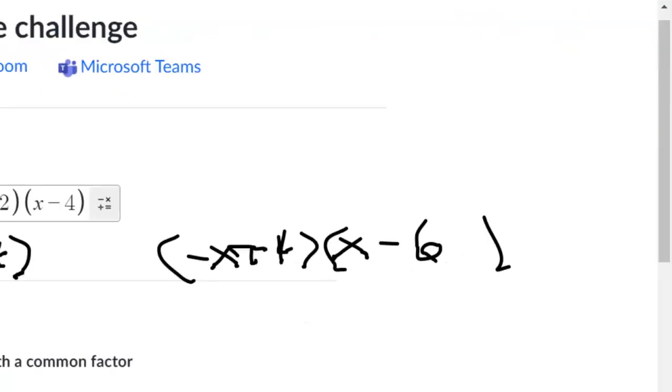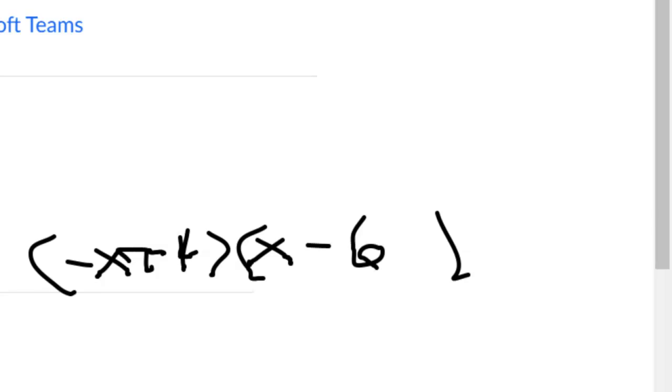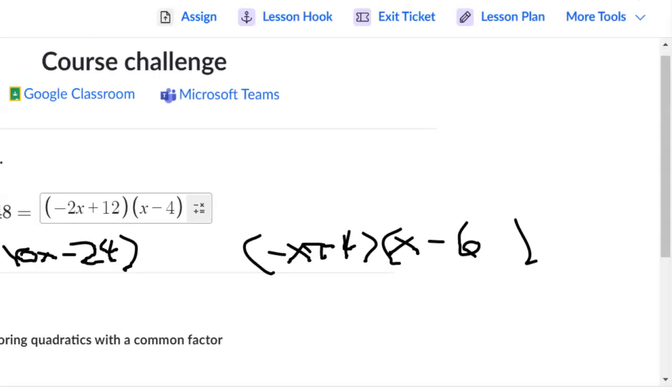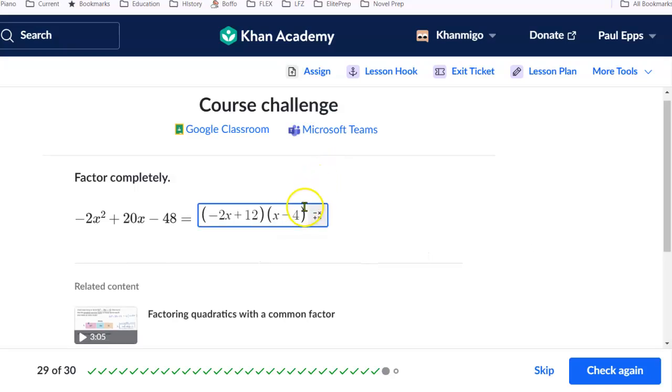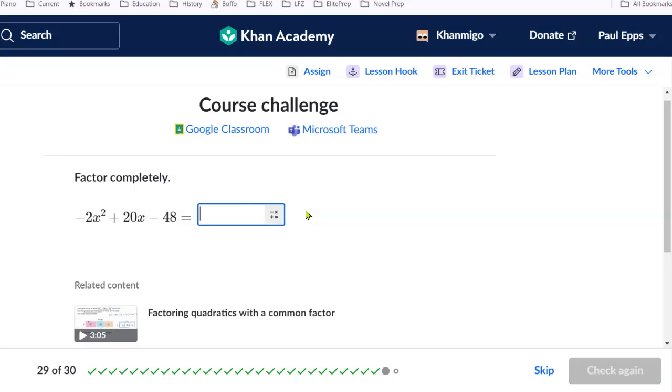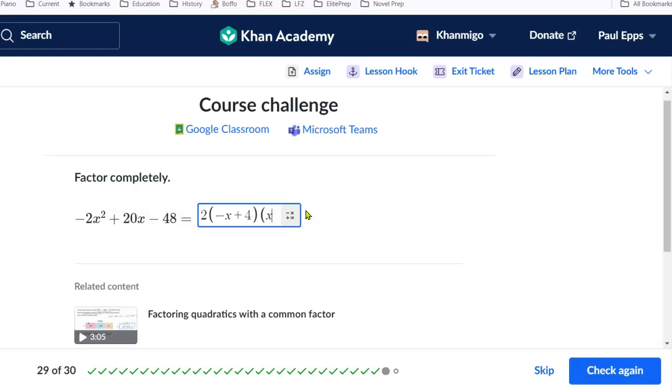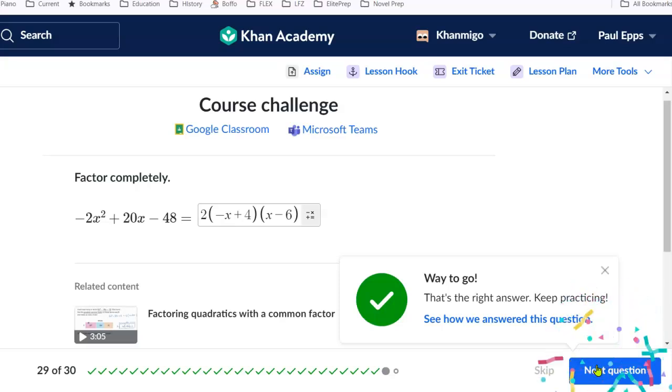Come on. 2 times negative x plus 4, x minus 6. All right, let's try it. Am I going to be able to write like that? No. 2 negative x plus 4, x minus 6. Try that.